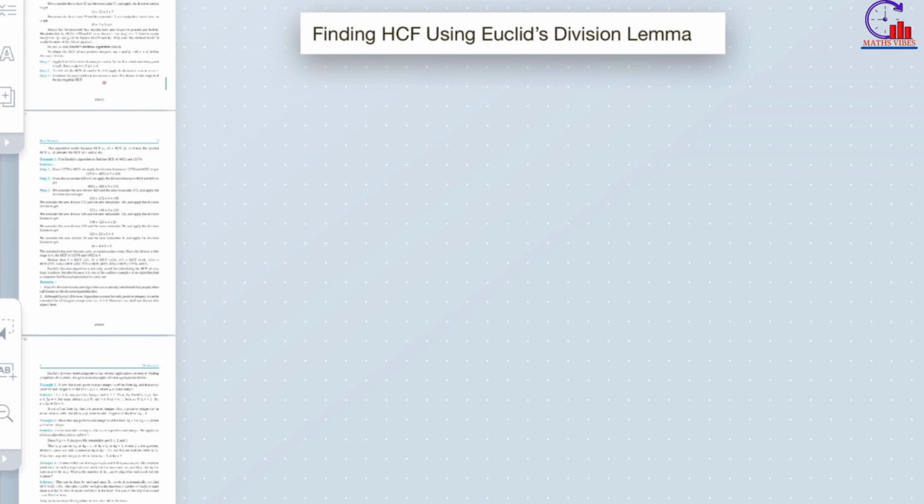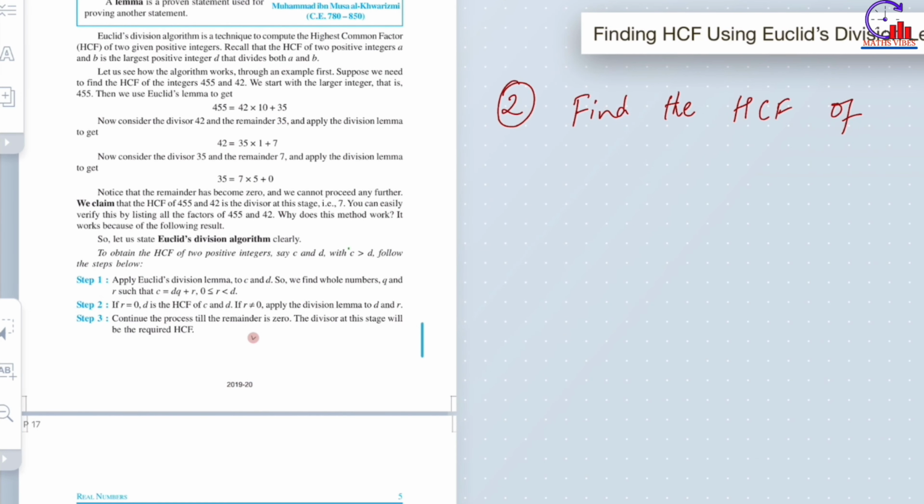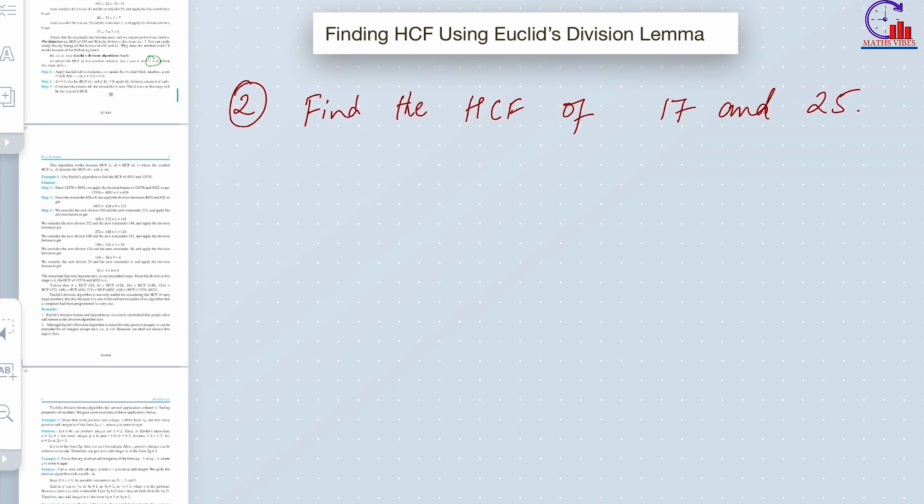If I'm not getting the remainder 0 in the first step, let us take another example, where I'm finding the HCF of 17 and 25. Here C should be greater, so the value of C is 25 and the value of D is 17. I have to divide 25 by 17 and I get the remainder 8.